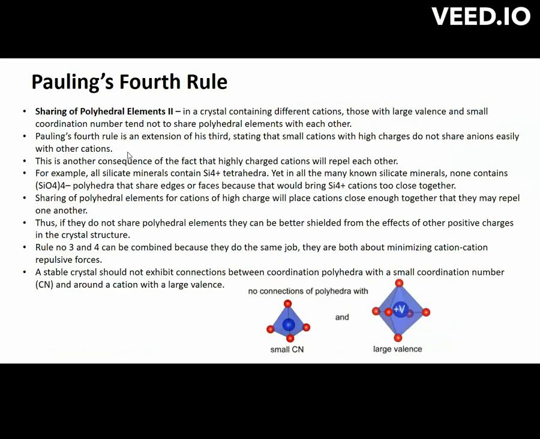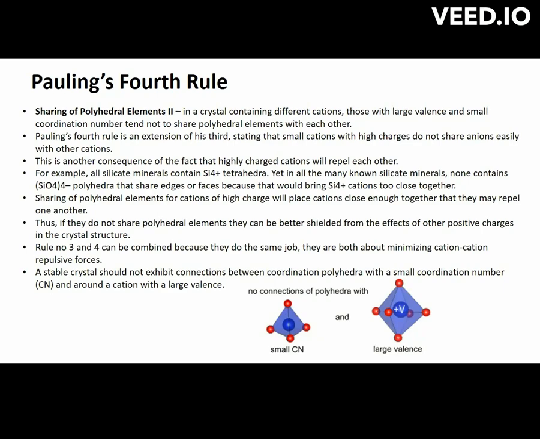Now the fourth rule, remember, we're still talking about the sharing of elements, but this is number 2. This is the simplest of them all. It tells you that in a crystal containing different cations, those with large valence but smaller coordination number become stingy.